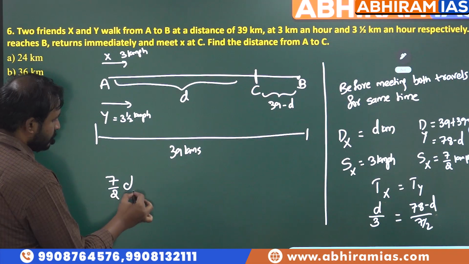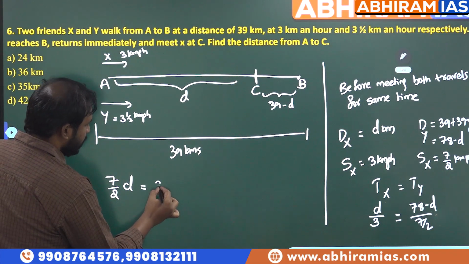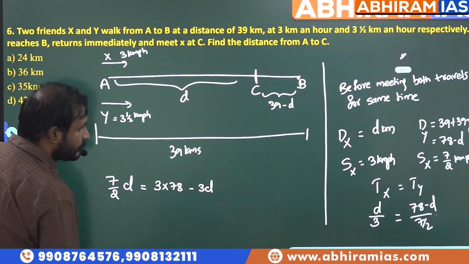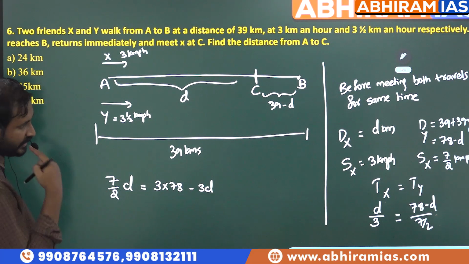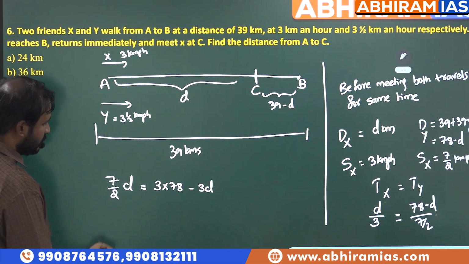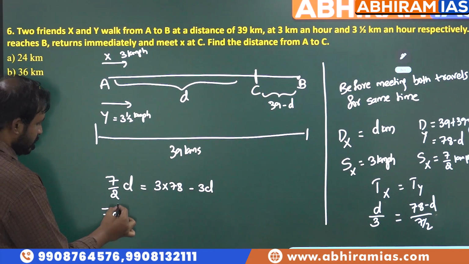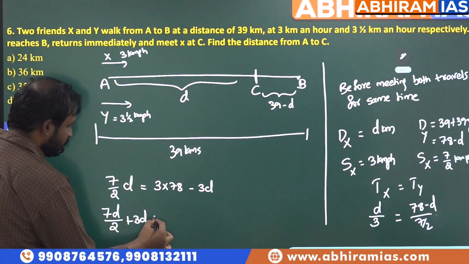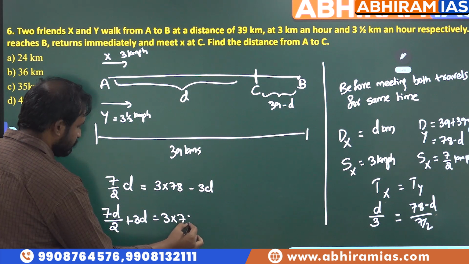7/2 D is equal to 3 into 78 minus 3D. When you send that 3D to this side, it will become plus 3D. 7D by 2 plus 3D is equal to 3 into 78.